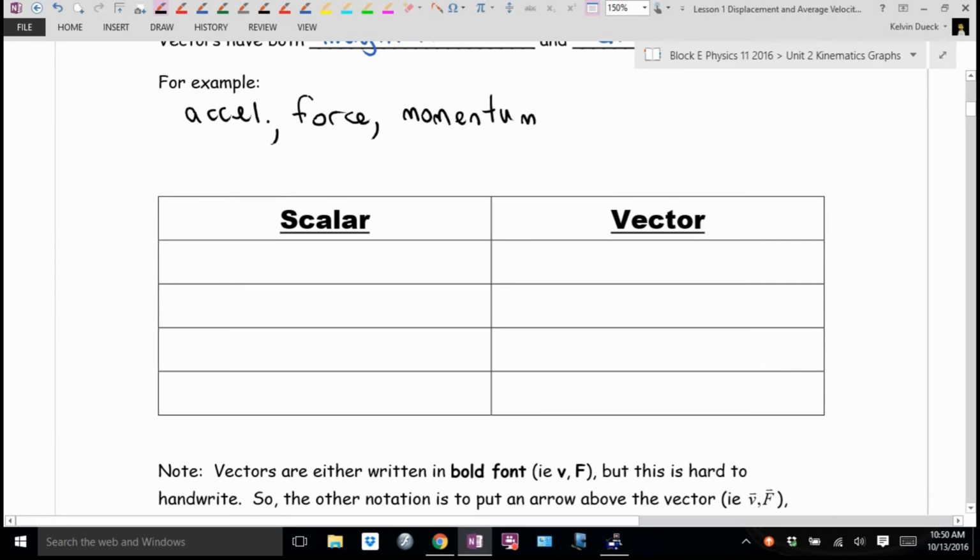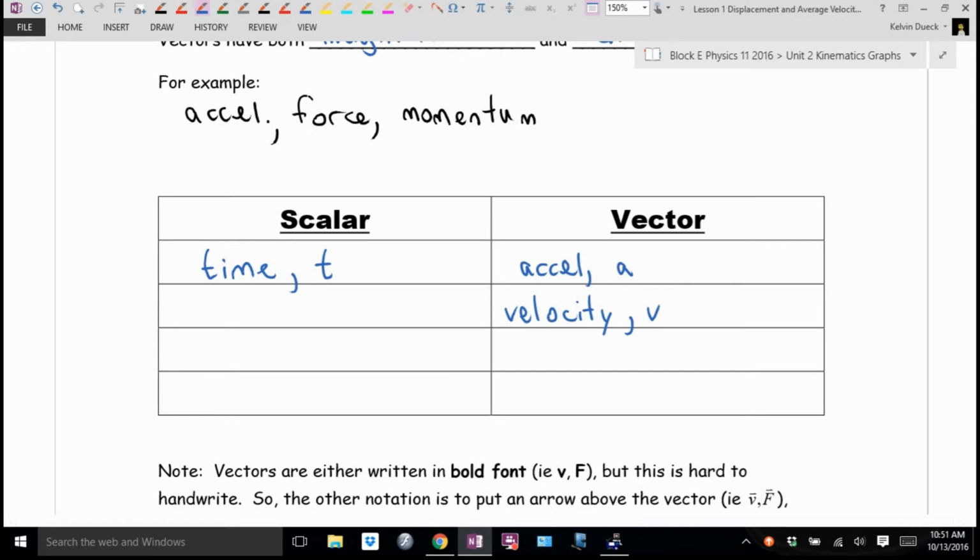In fact, I have a little chart here. So, famous scalar, time, which we typically symbolize with the letter T. Vector, acceleration, which we typically symbolize with the letter A. Velocity is a vector, which we symbolize with the letter V. Mr. Dewick, it would sure be nice if there was a dumb, easy way to remember that velocity is a vector.